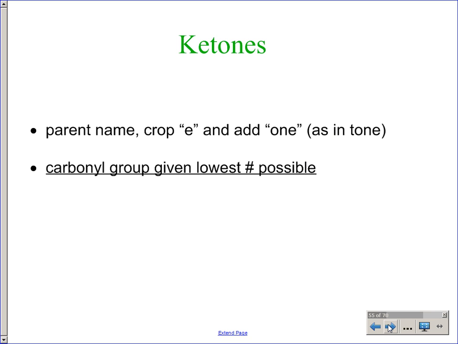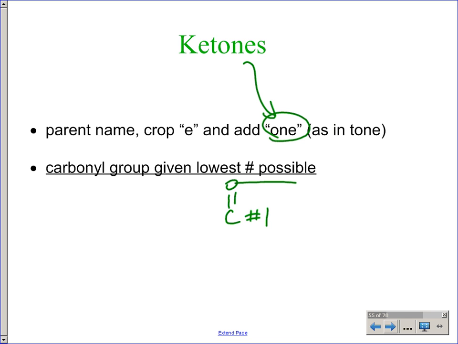Ketones are slightly different. So we're going to end the name here in "-one", as in tone. So ketones have an O-N-E ending. And also, again, the carbonyl group is given the lowest number possible, so that C is going to be number 1 and the C double bonded O. Now, there are some differences between aldehydes and ketones.